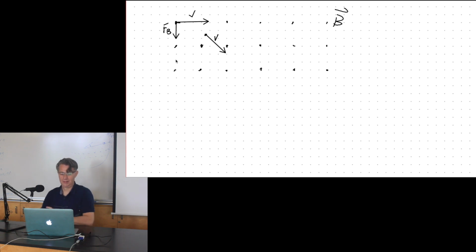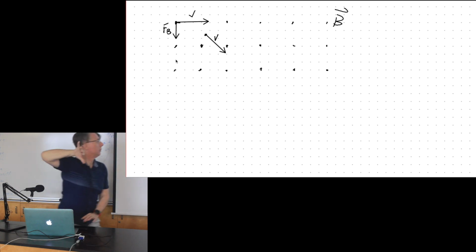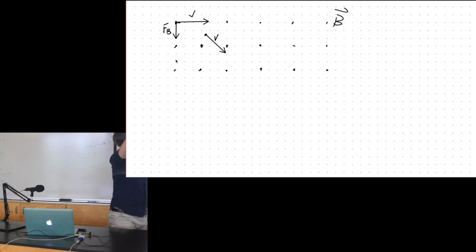Is it like here? Out of the page, and then, okay, I just want to make sure I'm right here. So out of the page, like that, and like that, yes.